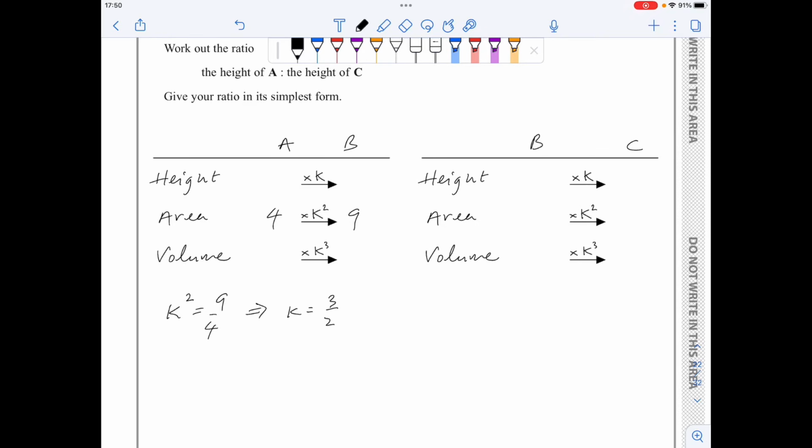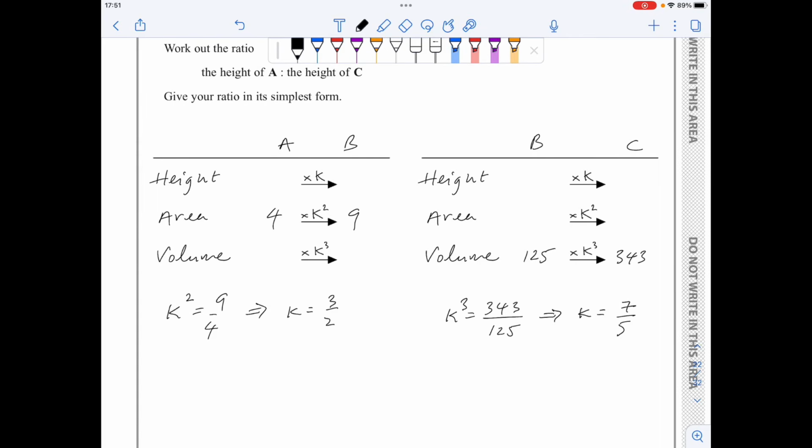And from the shapes B and C, the ratio of their volumes is 125 to 343. So K to the power of 3 is 343 over 125. You take the cube root, K comes out to be 7 over 5.